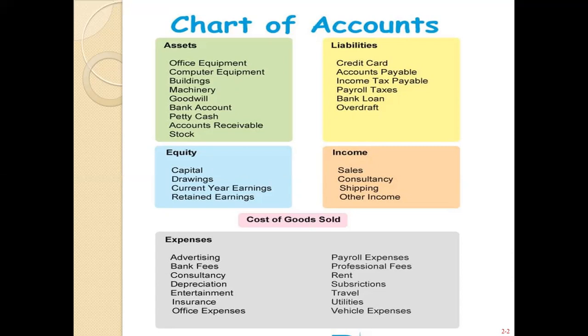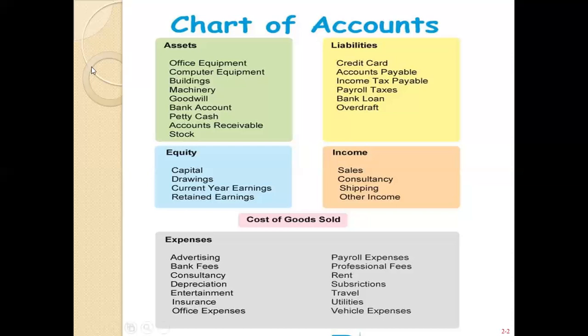According to GAAP, generally accepted accounting principles, we need to make the chart of accounts. We need to define the main head of our accounts. We have five heads of account. That will be useful in the whole accounting system.